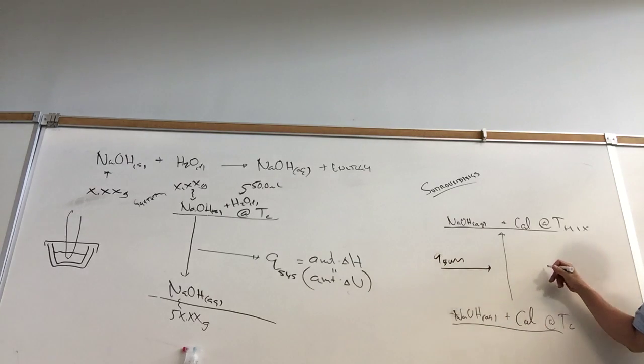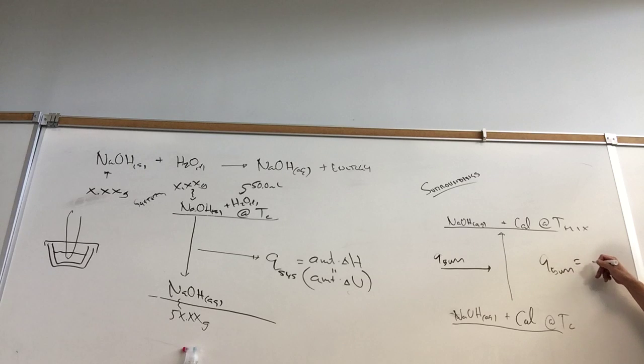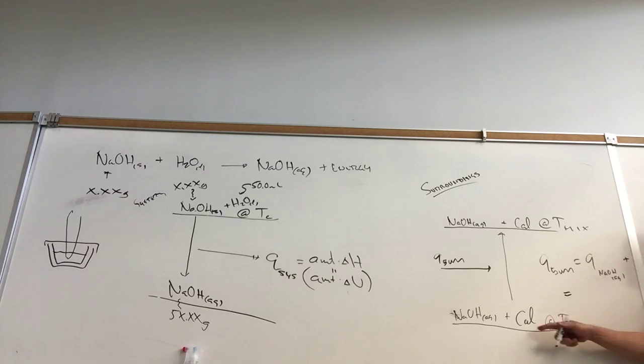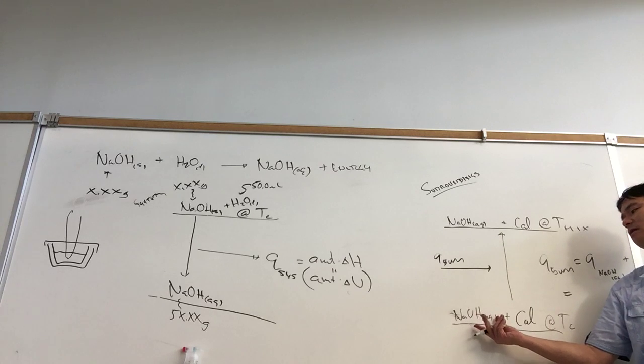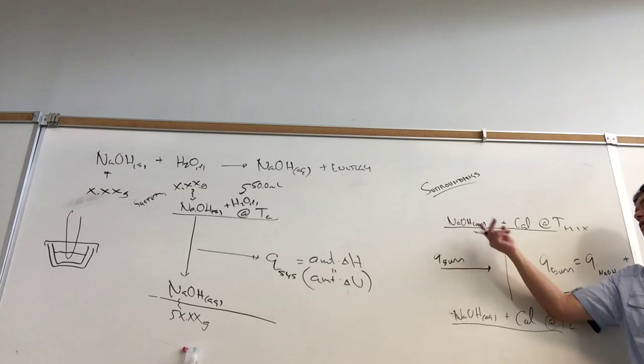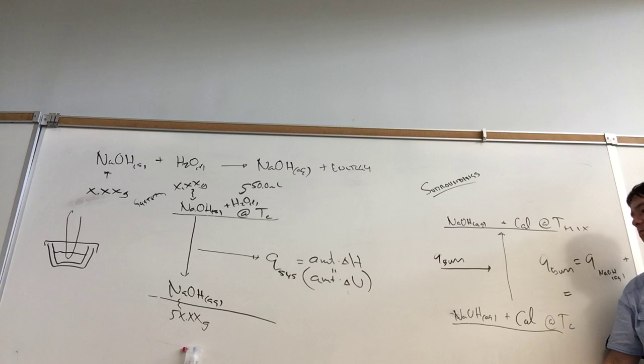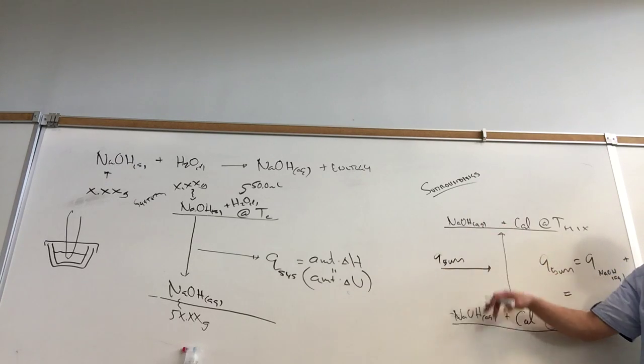Now Q the surroundings is equal to Q of the sodium hydroxide aqueous plus Q of the calorimeter. Well, sodium hydroxide aqueous is an object. It's just the solution that starts off cold and gets hot. And so the change is entirely kinetic.